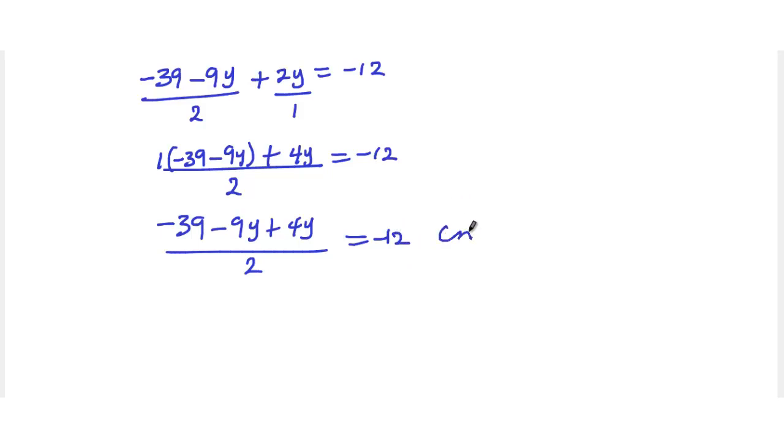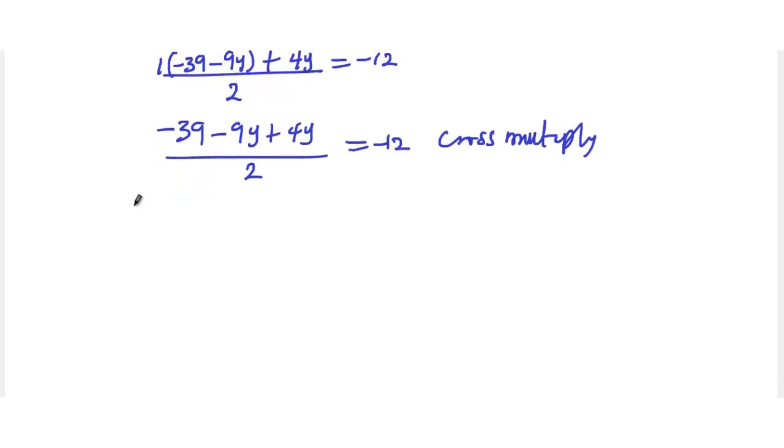So we can cross multiply. If we cross multiply, we are going to have minus 39 minus 9y plus 4y is equal to minus 12 times 2. So minus 9y plus 4y will give us minus 5y.